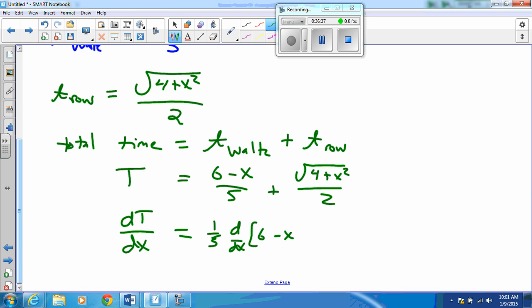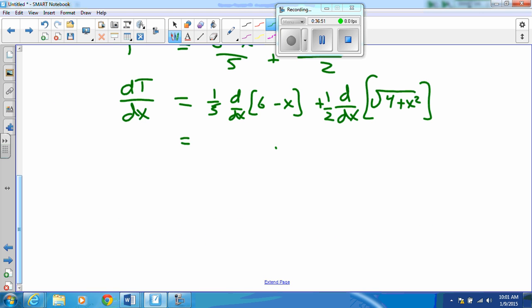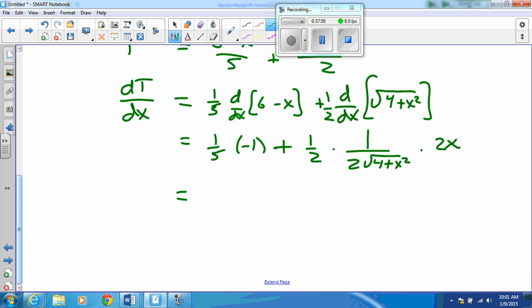I'll pull that constant 1/5 to the outside, and I'll pull that constant 1/2 to the outside, like so. And we get 1/5 times -1 plus 1/2 times 1 over 2 root 4 plus x squared times the derivative of the inside.